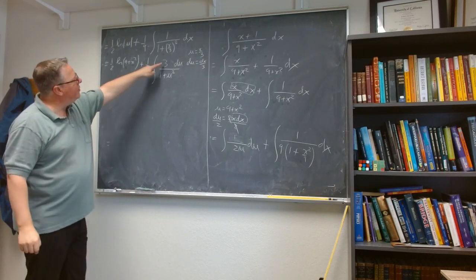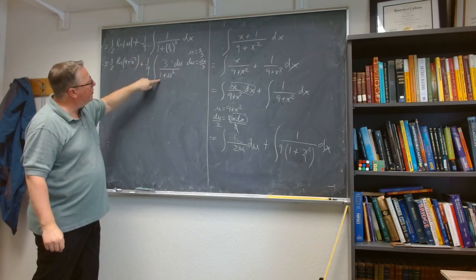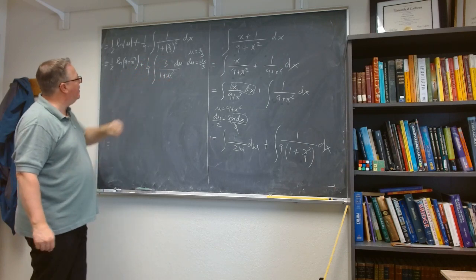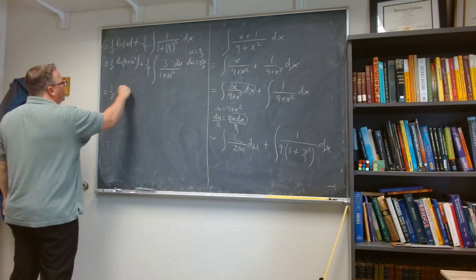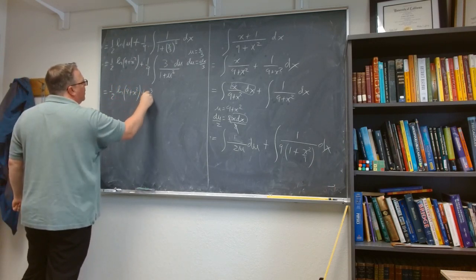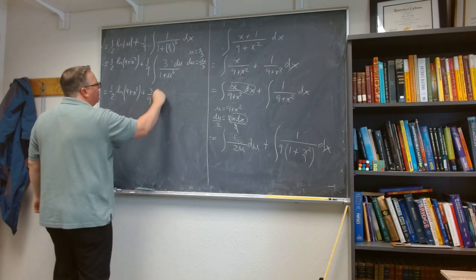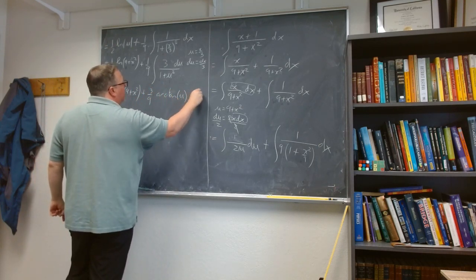And now this 3 I can pull out front as well. And I'm just integrating 1 over 1 plus u squared, which is the arctan of u. So I get 1/2 of the natural log of 9 plus x squared plus 3/9 of the arctan of u plus c.